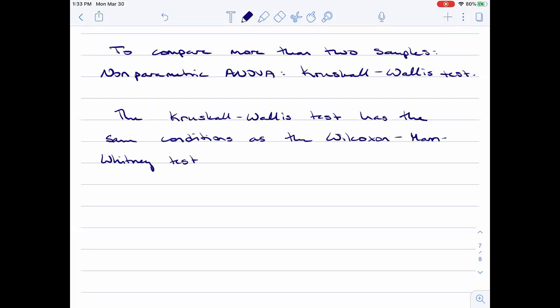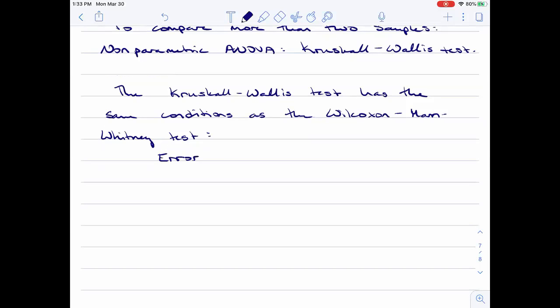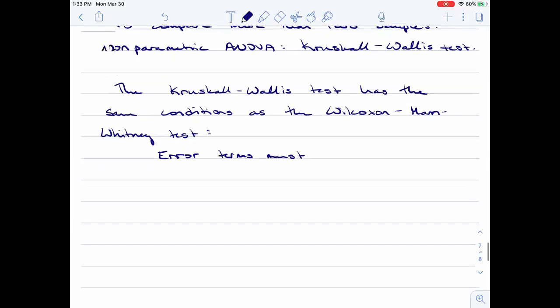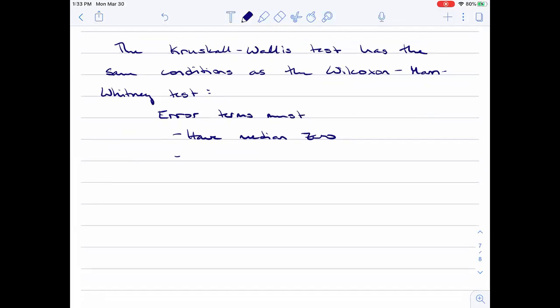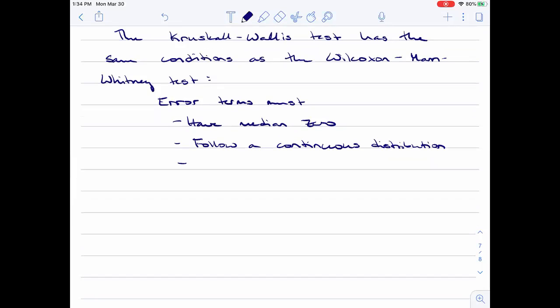So the error terms, just to recap, must have a median of 0, follow a continuous distribution, and must be independent.